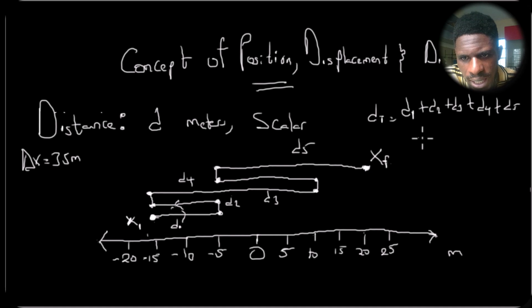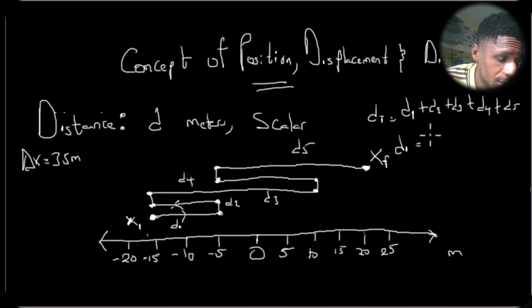Now, earlier I said we're going to be solving for distance the same way we solve for displacement. But we're going to be using a condition. If I were to have a negative answer, I will only take the positive value or the absolute value of that particular answer. Remember, we said displacement could be positive, displacement could be negative, but distance can only be positive.